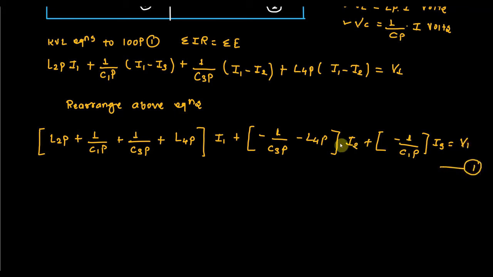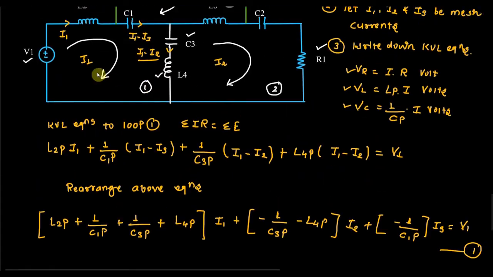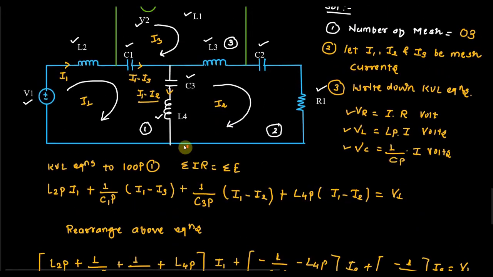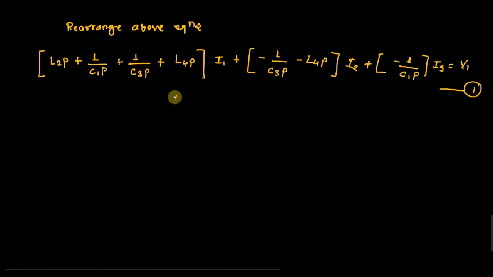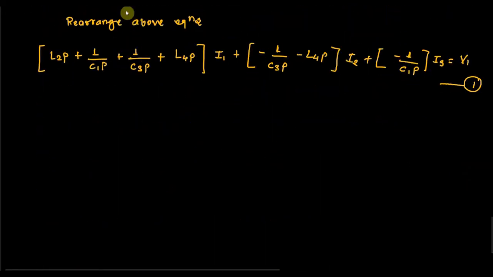So after applying KVL to mesh 1, we get this type of answer. Now similarly we will write the equation for the second mesh and the equation for the third mesh.